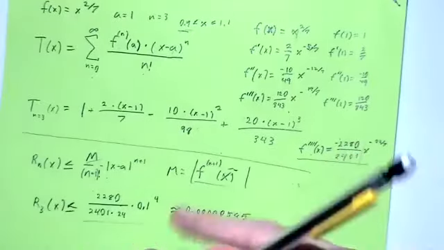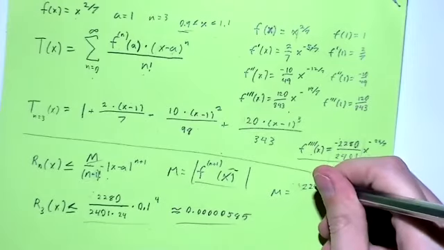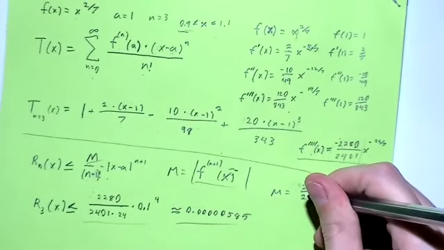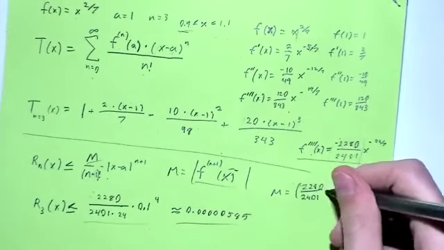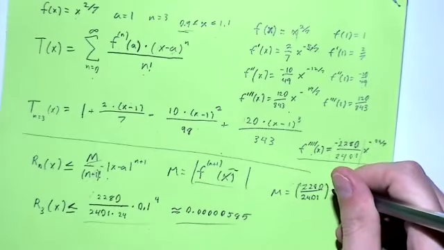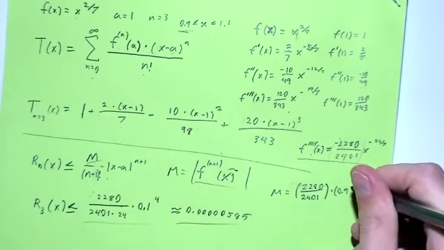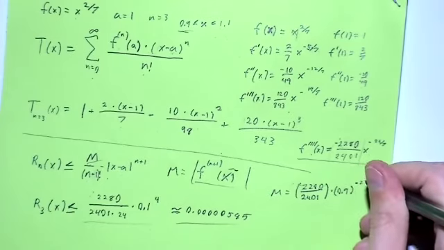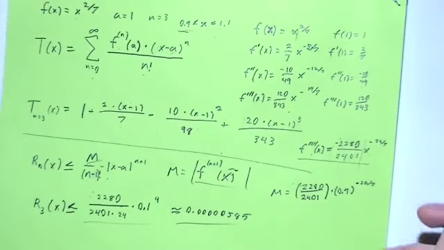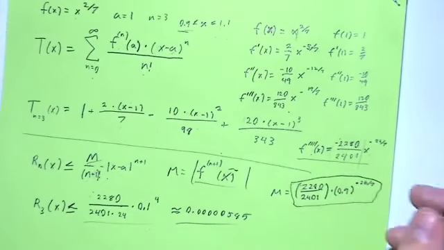So our m in this case would be equal to 2280 over 2401, and then times 0.9 to negative 26 over 7. So we would actually have that whole thing in.